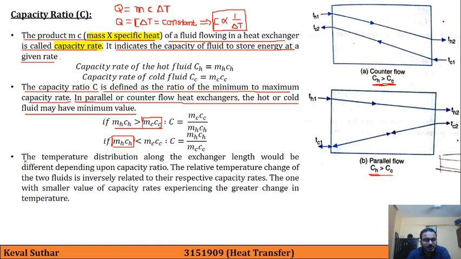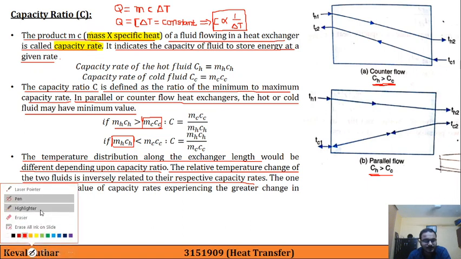The temperature distribution along the exchanger length would be different depending upon the capacity ratio, that can be visible from this figure. The relative temperature change of two fluids is inversely proportional to the respective capacity rate.